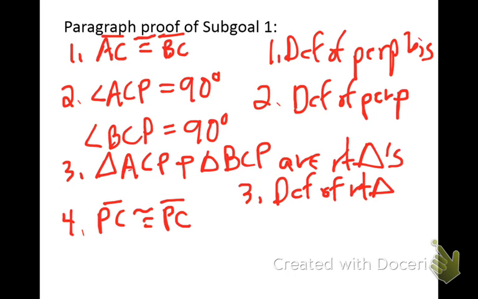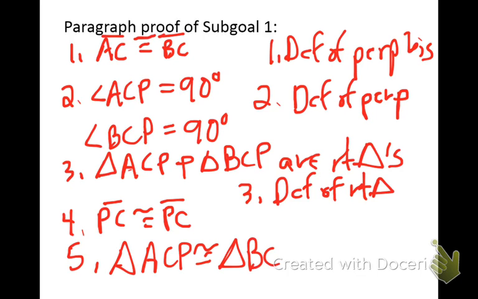So we would have step 5, we would say triangle ACP is congruent to triangle BCP, and that's by leg. Everybody with me so far?